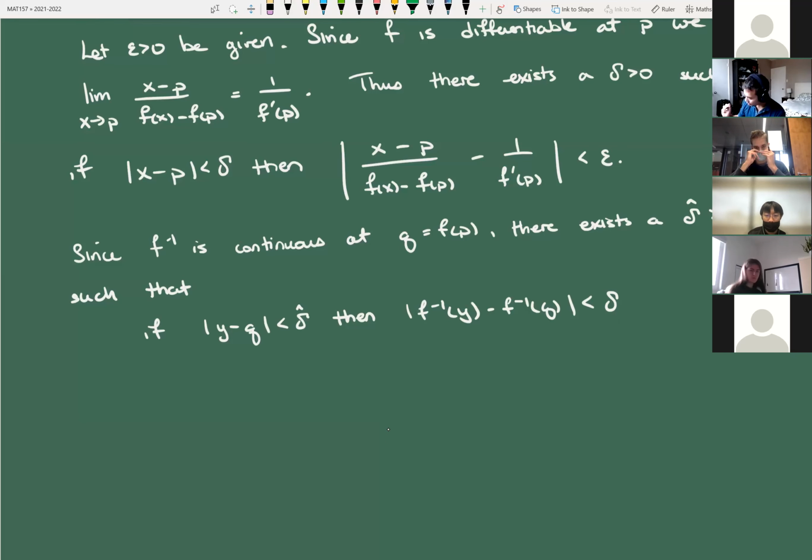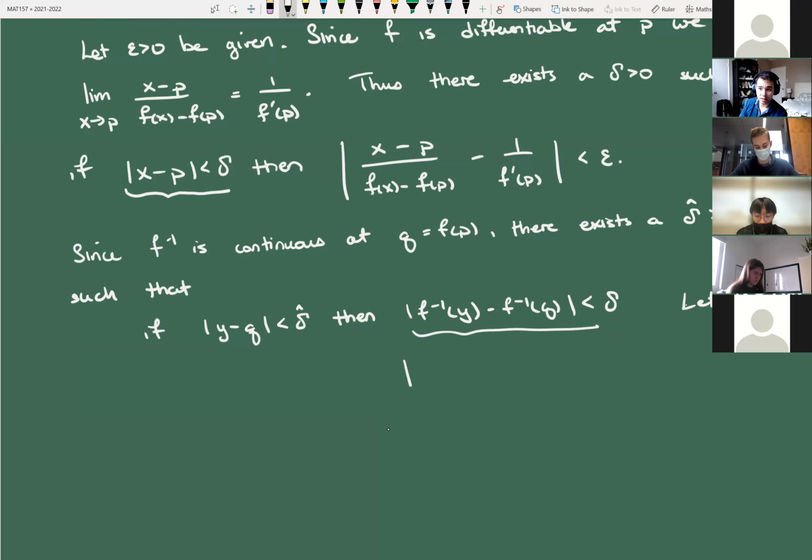Okay, so here's the cool thing. Basically, if I unravel this, that is exactly going to be |x minus p| is less than delta. Do you see that that's true? So this thing here, if I unravel that, let's say that y is equal to f of x, right?